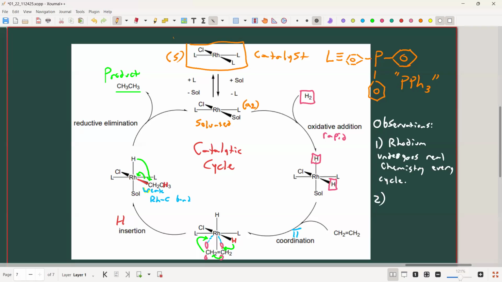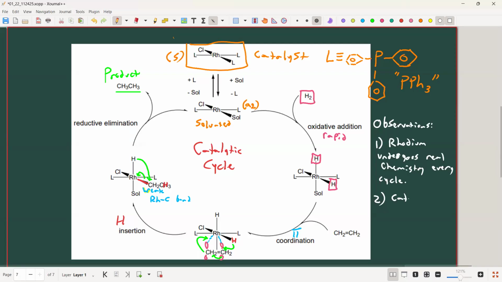Some catalysts will eventually decompose. You can imagine that there's some side reaction that could happen with the rhodium where it gets stuck and can't break apart. Maybe it's reacting with something else in the mixture. There are certainly side reactions that could kill this catalyst. But there's nothing that I can see here. In fact, based on this theory, it would go on forever and ever. But that's generally not true.